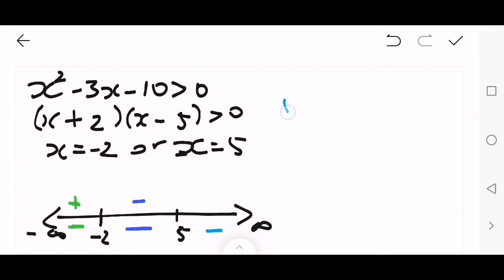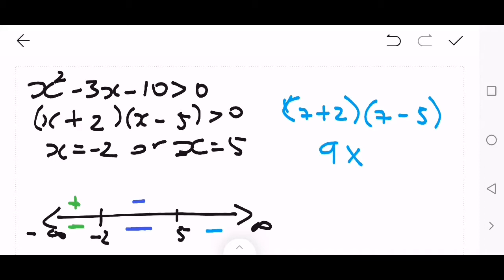So that is 7 plus 2 into 7 minus 5. So 7 plus 2 gives us 9, multiplied by 7 minus 5, that gives us a 2. 2 times 9 would be a positive 18. So we get a positive over here.